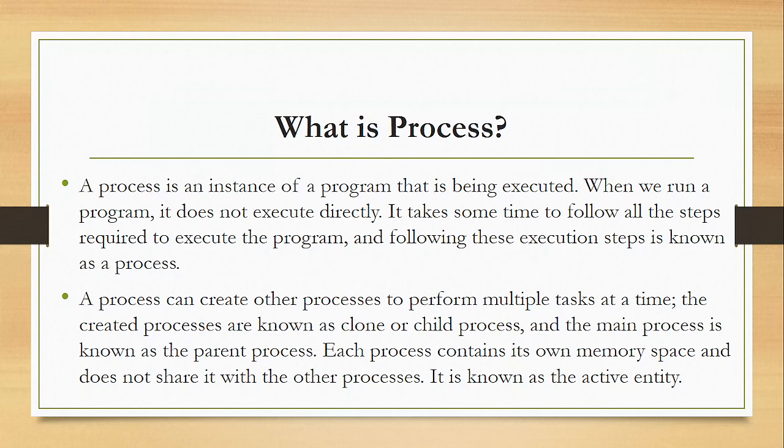As a parent, you are likely to divide these duties among the children so that they help you carry out some tasks. That's similar to what a process does. For a process to execute multiple tasks, it needs the assistance of child processes, and these child processes are what we refer to as threads.